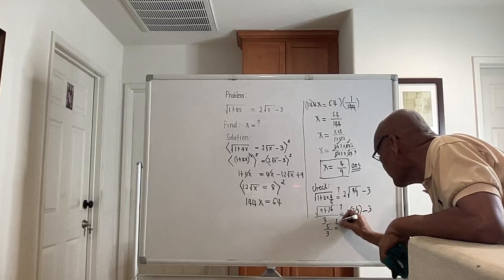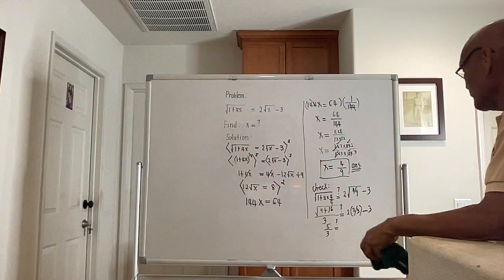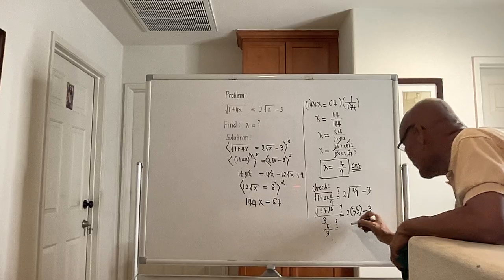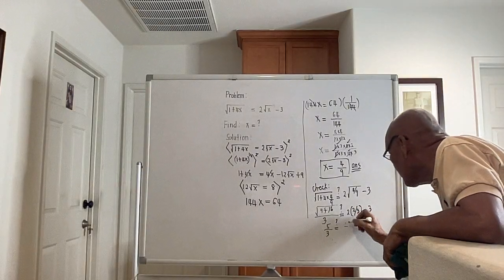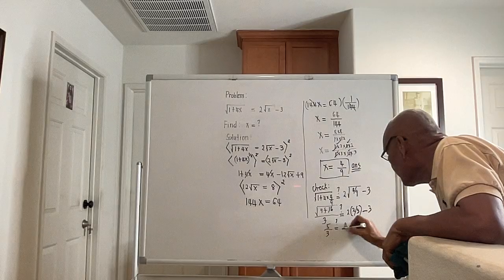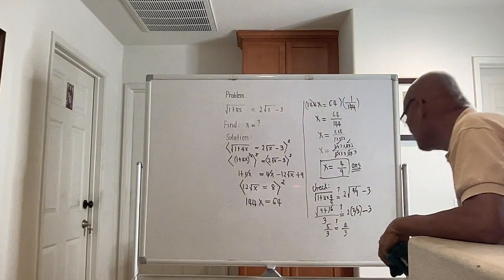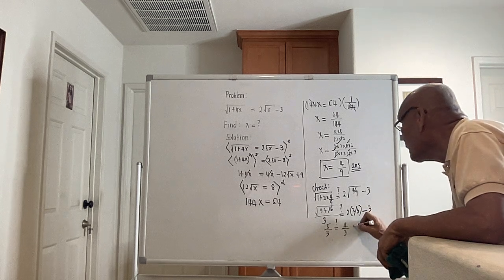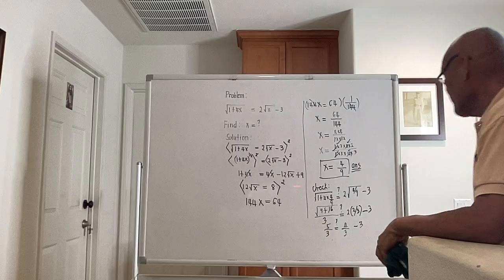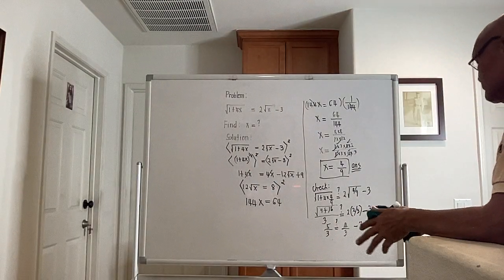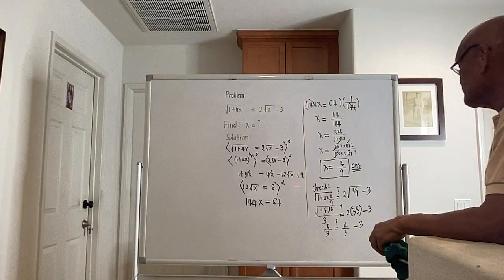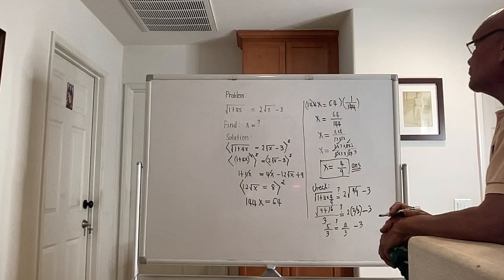And is it equal to the simplified value of the right hand side? 4 times 2 will be 4. So this is actually 4/3 minus 3. Will it be correct? 4/9. Is it correct?